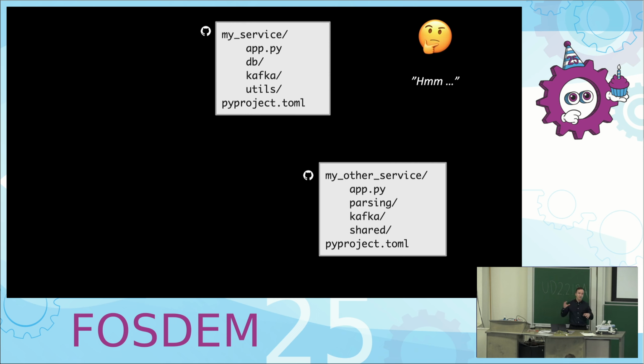They are different parts. What I have noticed, at least in the places I've been, is that when you have these microservice setups, with many different services, you often have them in different Git repositories.